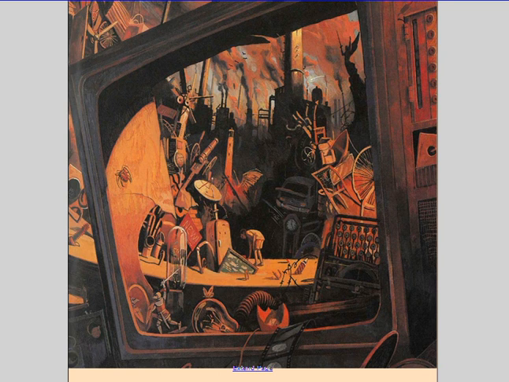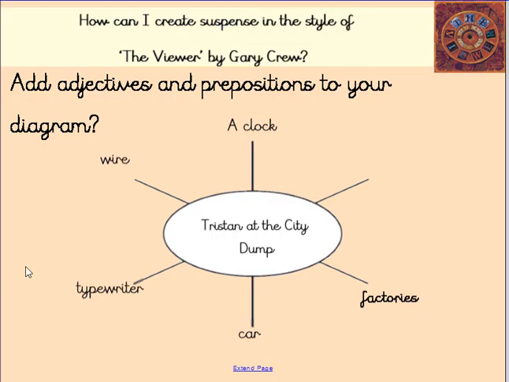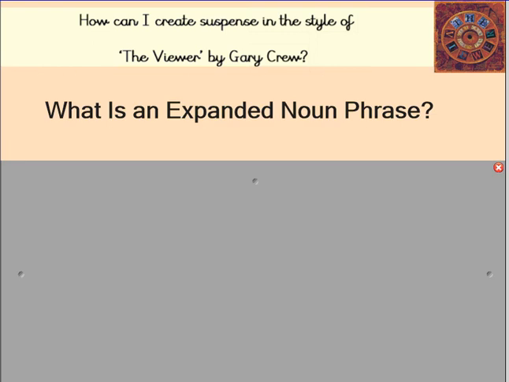Okay, so now you've got a mind map full of nouns, I want you to think about how we can develop those. So there are my nouns. There's some of the things that I could pull out. Now, what's an expanded noun phrase? How could we use an expanded noun phrase to develop our ideas?